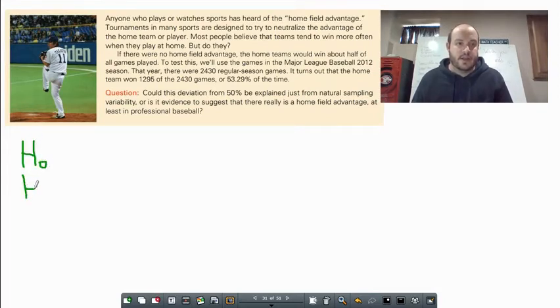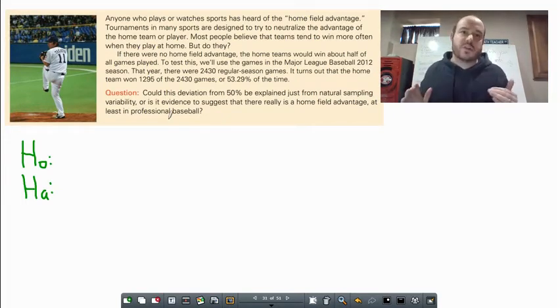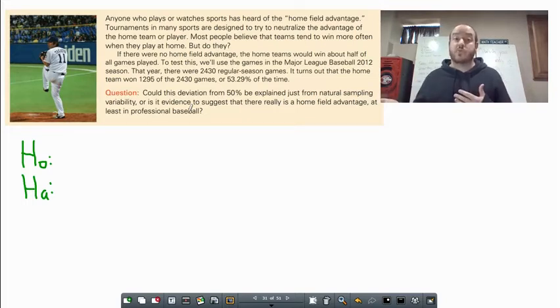All right. Now remember, our null hypothesis, the Ho, is just the original information that we would expect to be true before we took any type of sample. So in this case, it said pretty clearly that we would assume that if there were no home field advantage, then it would be the same percentage of wins versus loss regardless of if they're home or away.